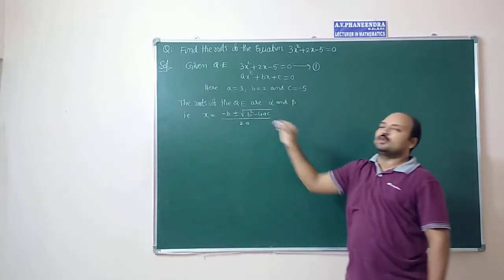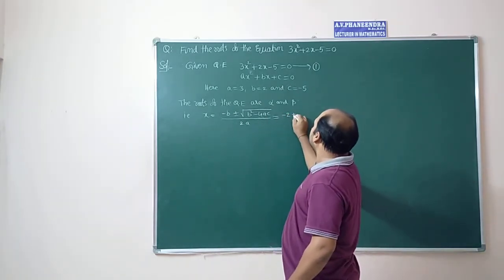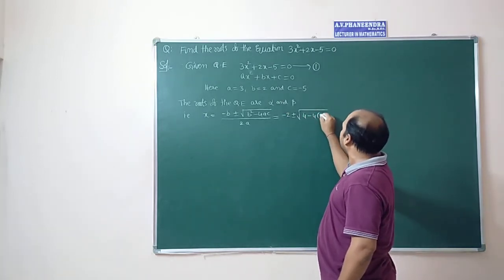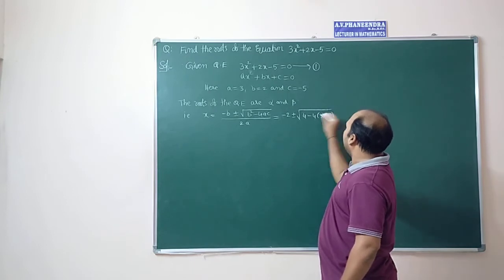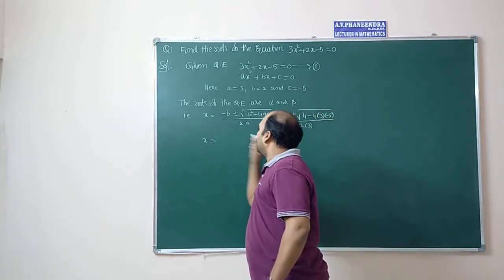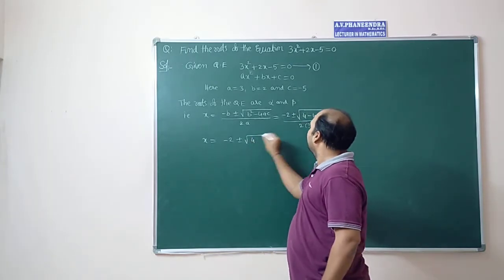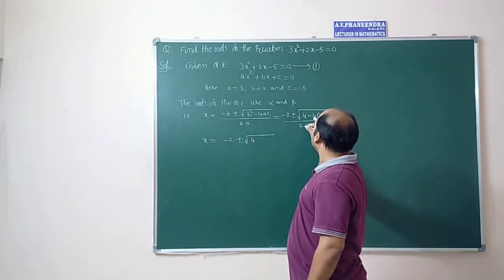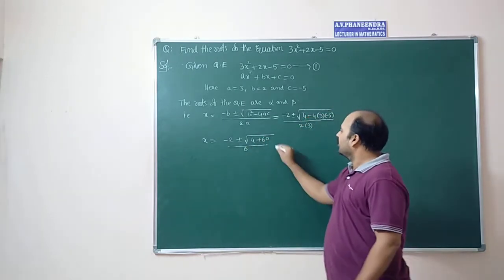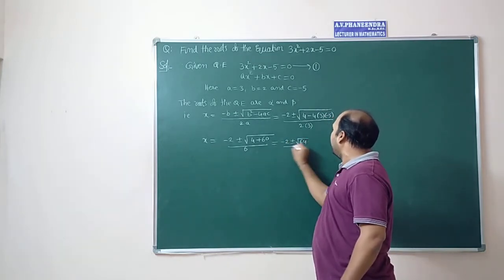Now substitute these values: x is equal to minus 2 plus or minus square root of 2 square minus 4 into 3 into minus 5, divided by 2 into 3. x is equal to minus 2 plus or minus square root of 4 plus 60, divided by 6, which is equal to minus 2 plus or minus square root of 64 divided by 6.